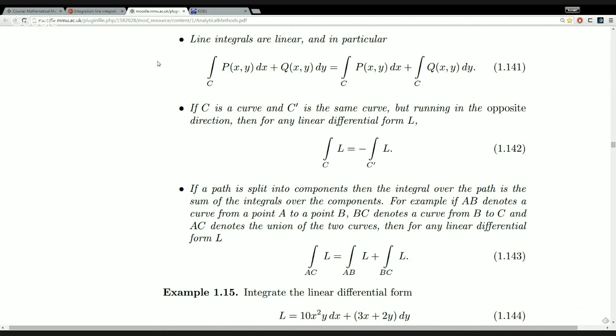The third property is about splitting up the curve. I'll do a sketch to go along with this third property, theorem 1.4, part 3.